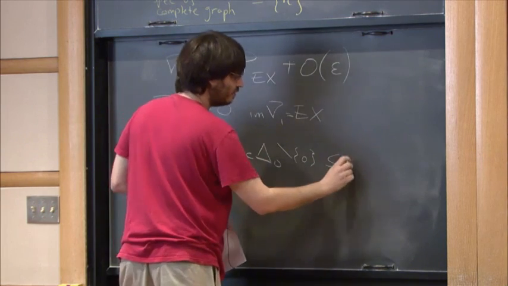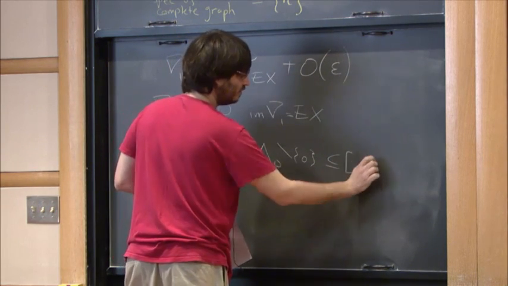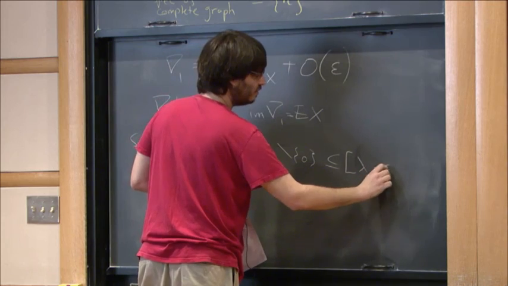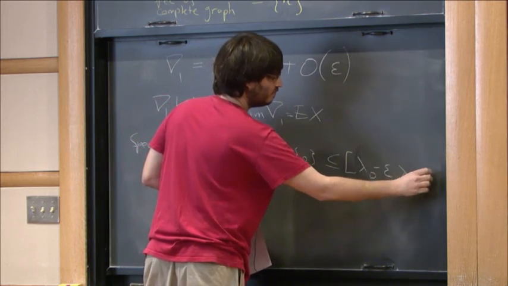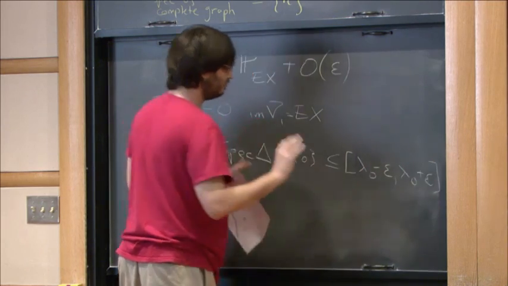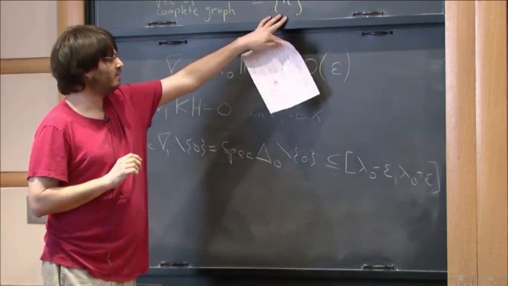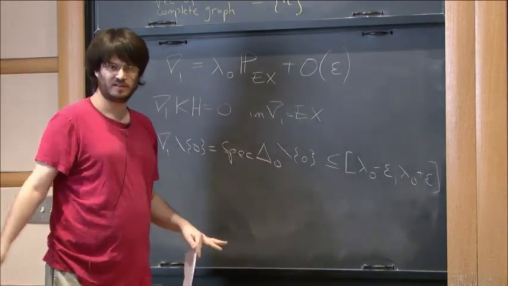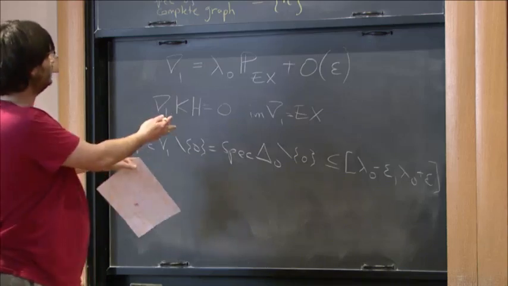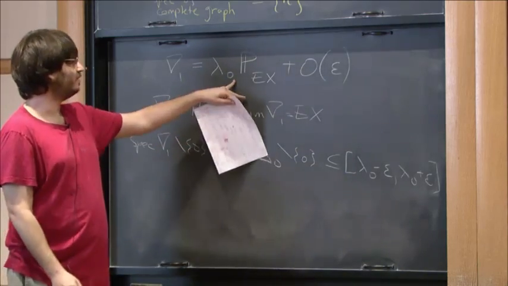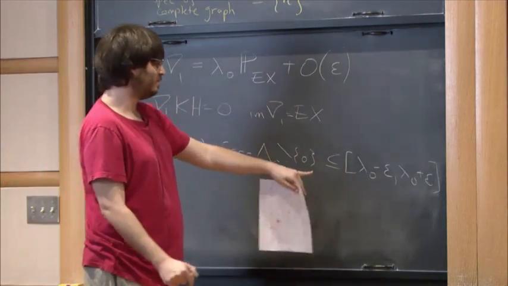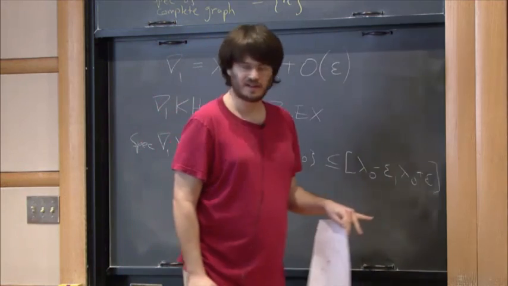And this is exactly what we said, between lambda 0 minus epsilon and lambda 0 plus epsilon. So it's exactly what we did here, except that at the end we don't know that it's n. It's concentrated around somewhere. But this tells me that it's the projection onto the exact times lambda 0 and some error term of size epsilon.